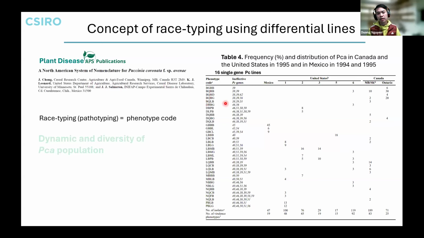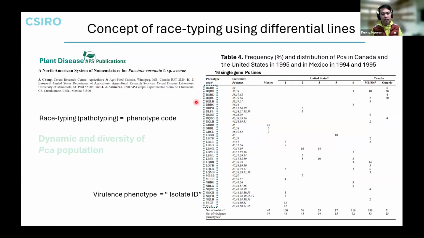In that paper, he used 16 single gene Pc lines to study the frequency and distribution of the PCA population in different countries, including Canada, the United States, and Mexico. Here in the column, a number of different isolates were assigned to different IDs using the phenotype codes.